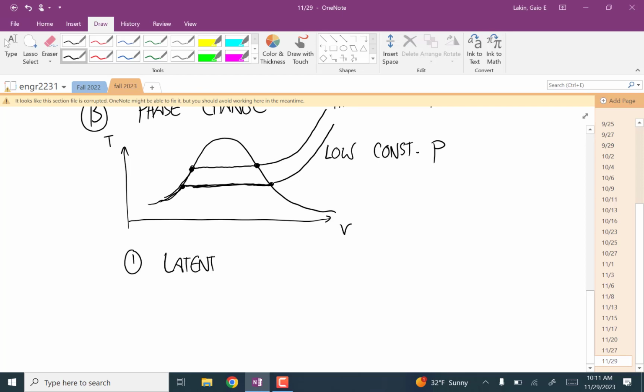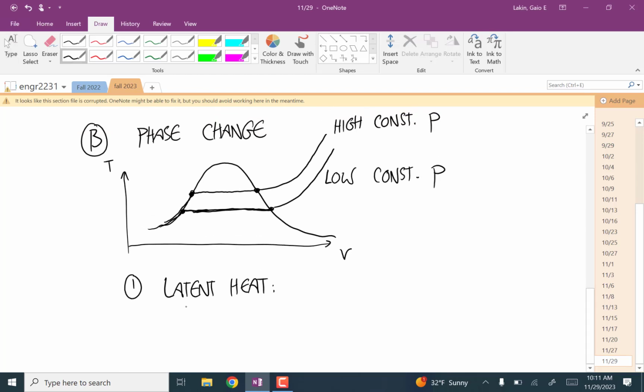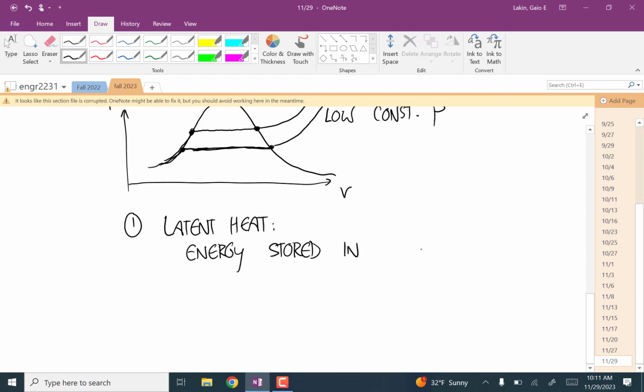Latent heat is something that we want to take advantage of in engineering applications all the time. There is energy stored in a vapor, let's say a saturated vapor, that doesn't show up in the temperature.